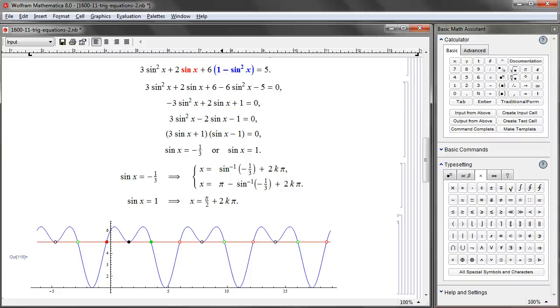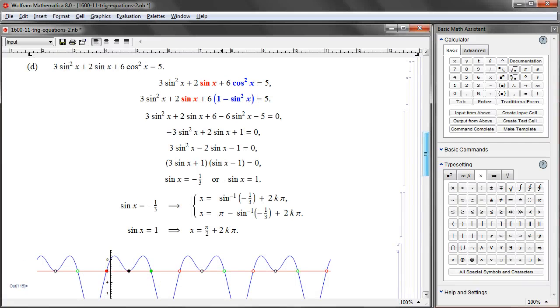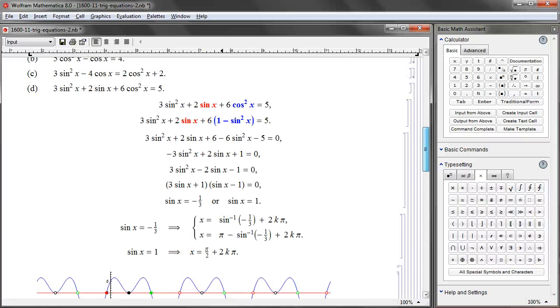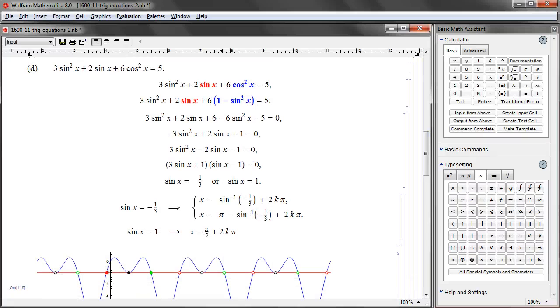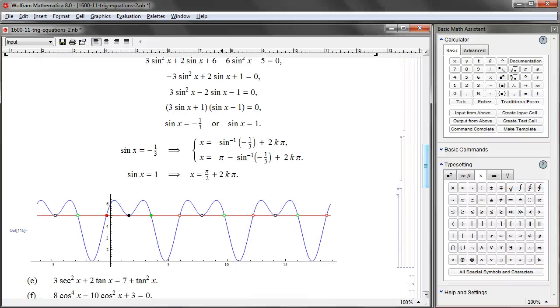Oh, okay. All right. This is not really the graph of the sine function. Here I just showed you the graph of this entire composite trigonometric function, y equals 3 sine squared x plus 2 sine of x plus 6 cosine squared of x, and set it equal to 5, and then we have these solutions.